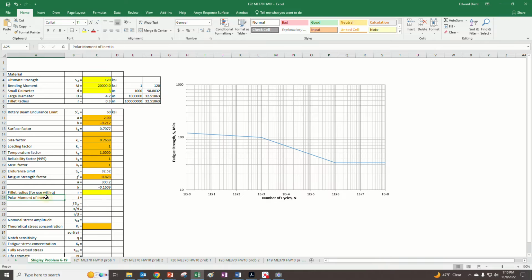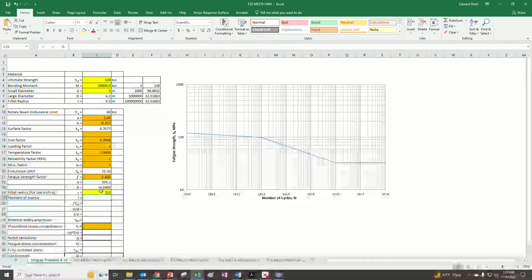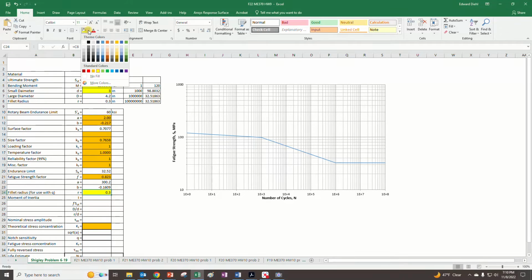We don't want polar moment of inertia, we just want moment of inertia for this one. So we don't know this fillet radius right here. We could set it equal to this one right in there.